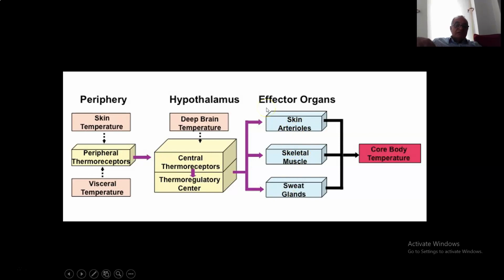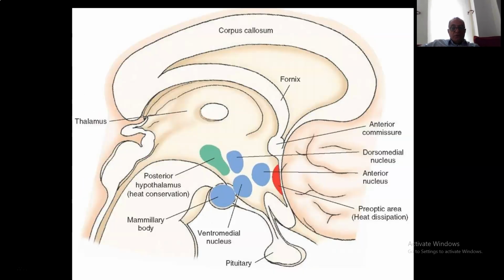If there is excessive heat, the arterioles of the skin dilate, the sweat glands work, and the skeletal muscles are relaxed to reduce the body temperature. If there is very low heat, the hypothalamus reacts with autonomic effects: constriction of the skin arterioles, preventing the sweat glands from working, and shivering to raise the temperature.